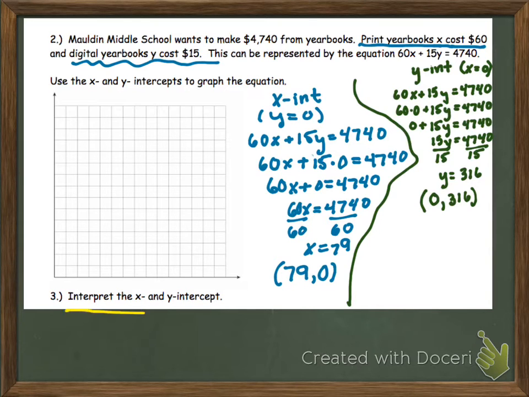Now our last step is to interpret the x and y-intercept. And that's saying decide what that means for the story.